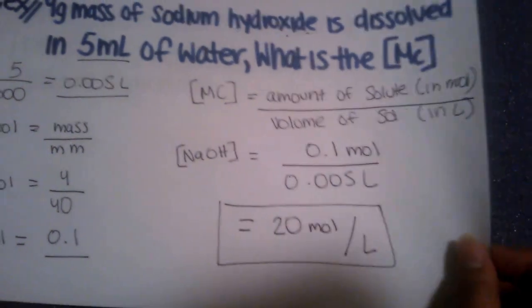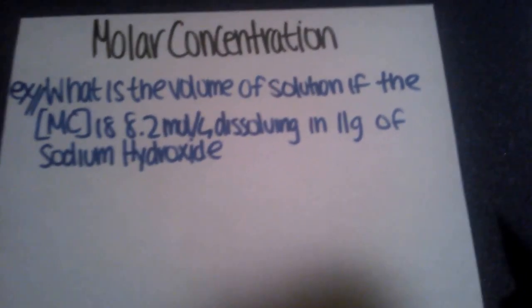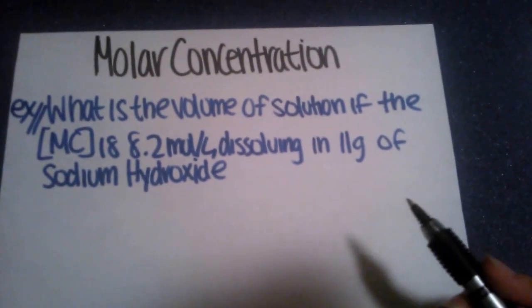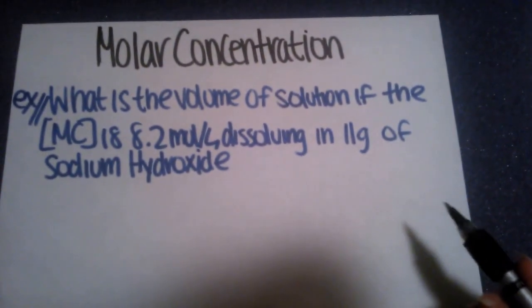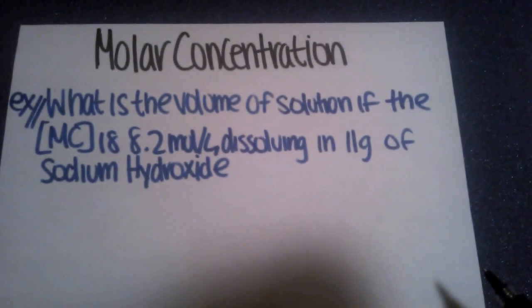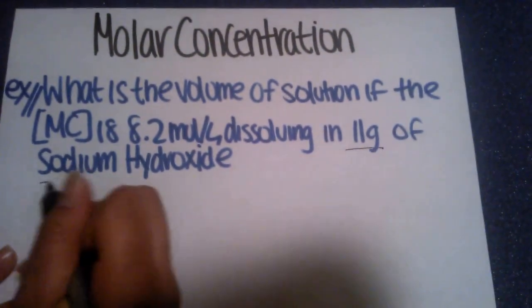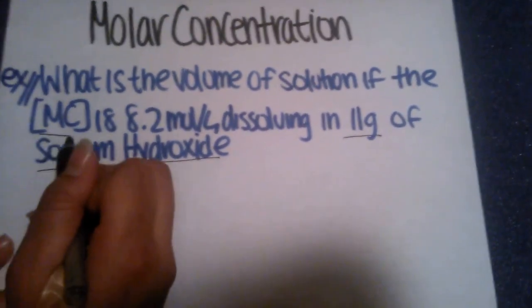And for our last example, it's a little bit harder. What is the volume of the solution if the molar concentration is 8.2 moles per liter, dissolving in 11 grams of sodium hydroxide? So what we are given is the mass of sodium hydroxide, and we are given the molar concentration.